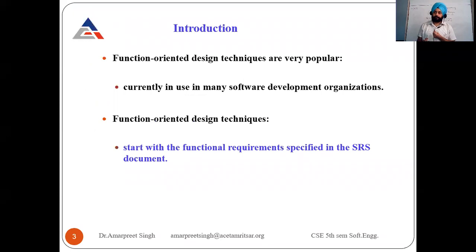Next. Function oriented design techniques are very popular because any project which is in our hand, we can make the design of that project. The phase of designing can be done with two approaches. One is the function oriented and another is the object oriented approach. In function oriented approach, we divide the project into small modules.